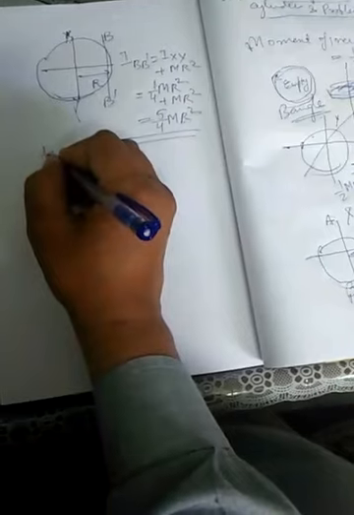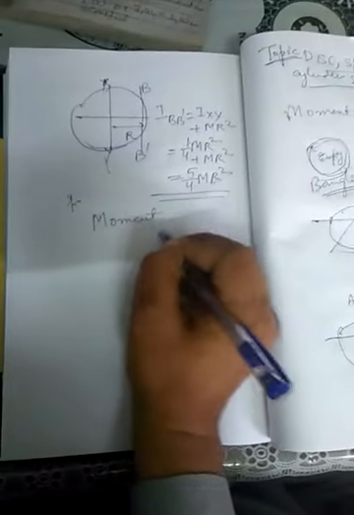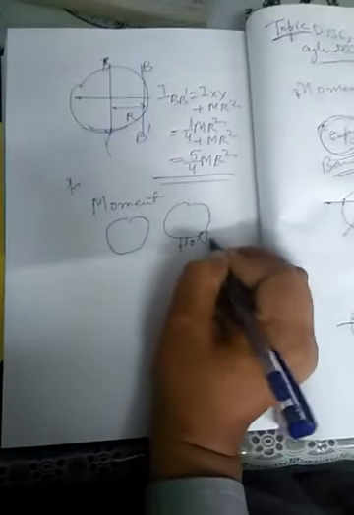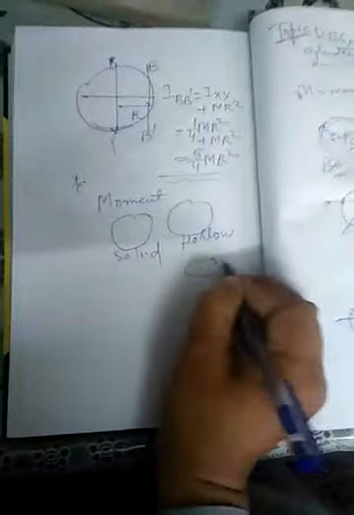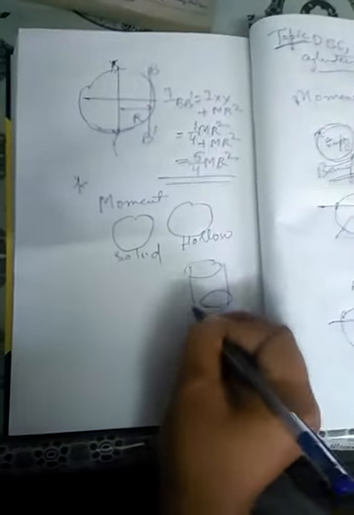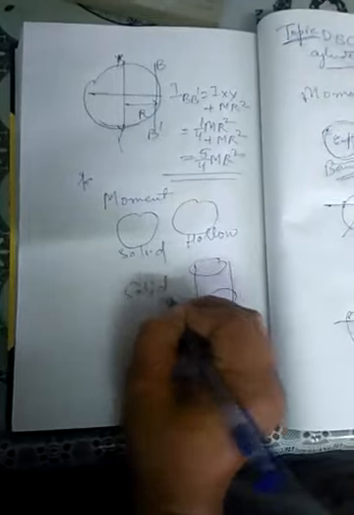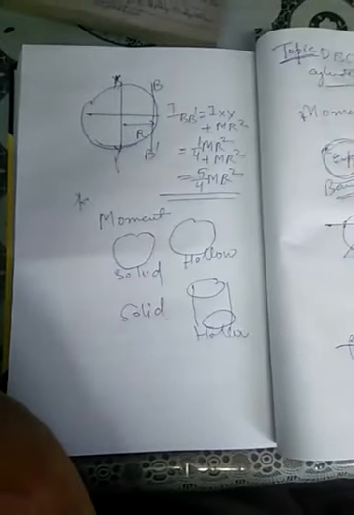Although these topics may not be in the syllabus, for your knowledge we can write the moment of inertia for other objects like the hollow sphere and solid sphere, one hollow, another solid. Similarly, hollow cylinder and solid cylinder. These formulas can be applied wherever necessary.